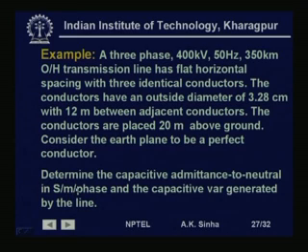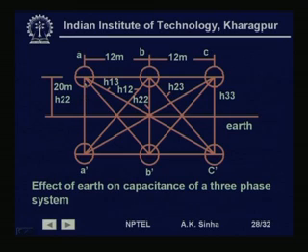So, this is the problem that we have, and we can show this configuration graphically as shown here. We have the 3 conductors A, B and C placed here. We will say that these are positions 1, 2 and 3. They are 12 meters apart from each other. Since we are considering the ground to be a perfect conductor, we take the effect of image conductors.